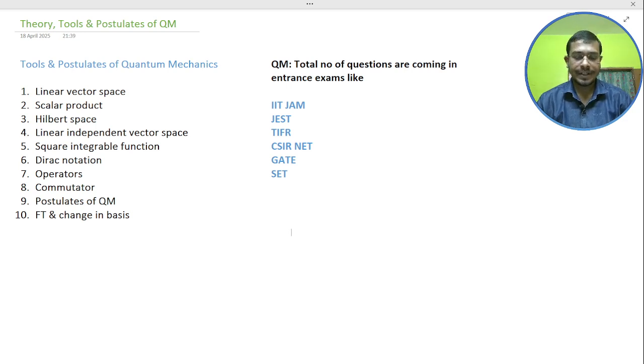We have chapters like tools and postulates of quantum mechanics, application of quantum mechanics in Cartesian coordinates, 2-dimensional and 3-dimensional systems, application of quantum mechanics in spherical symmetry, number 6 the hydrogen atom, scattering, perturbation theory, variational principle, WKB approximation, identical particles, and the last one, number 12, relativistic quantum mechanics.